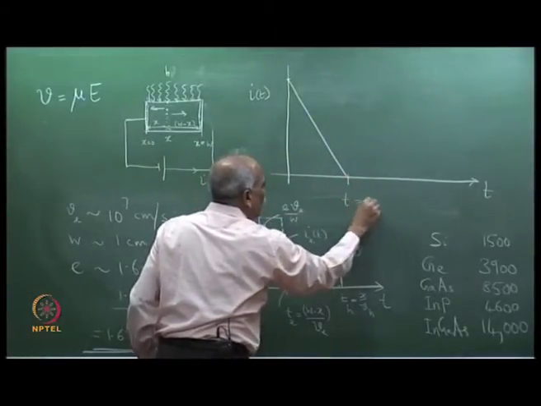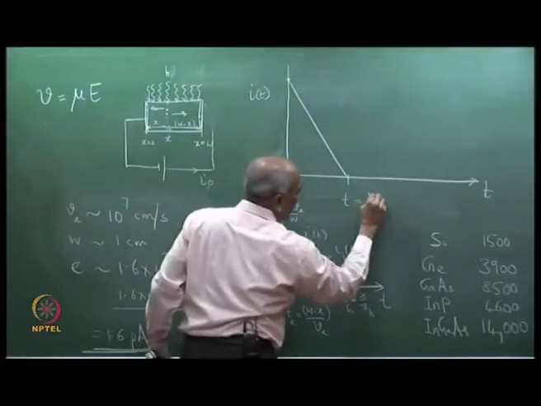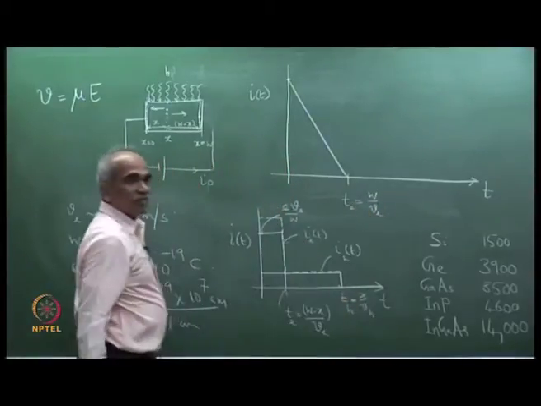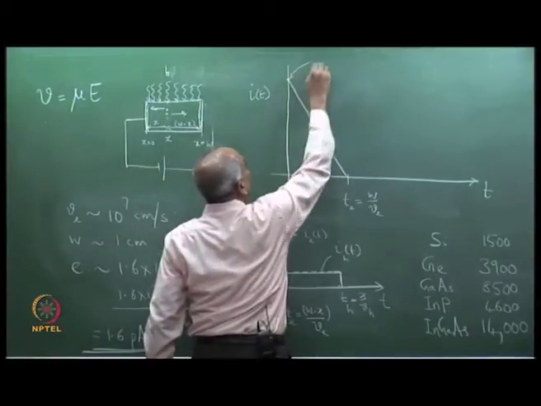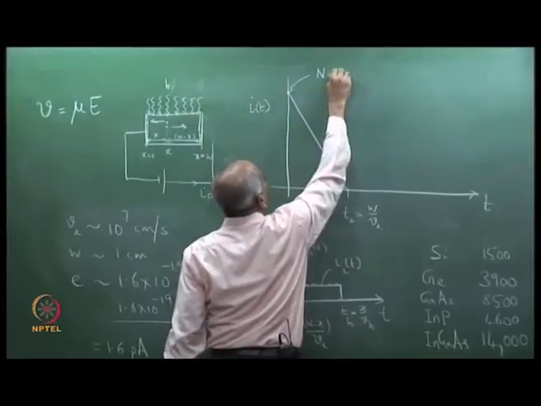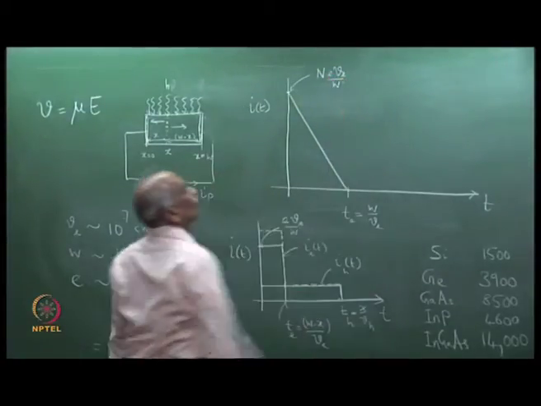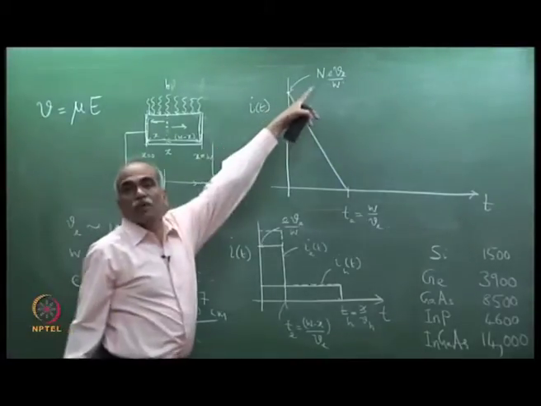continuously till a time T. What is T? It will be equal to W divided by V_E. So, this is T. The current is continuously decreasing, and what is the value here? N times e V_E divided by W, because there were n electron hole pairs created.